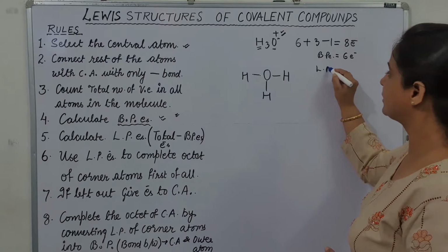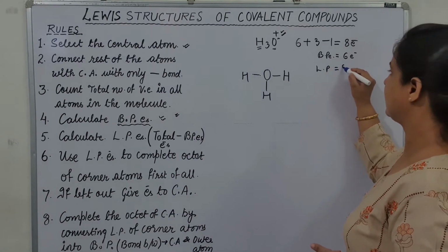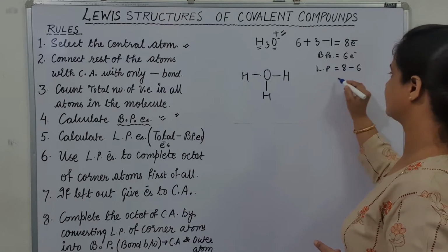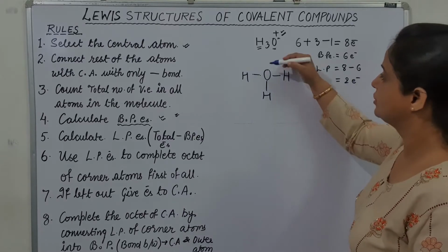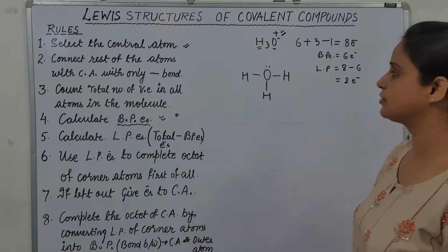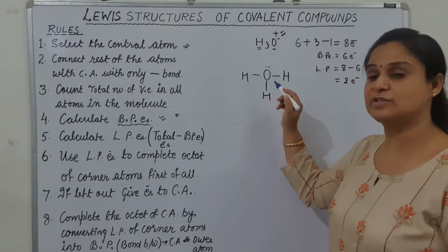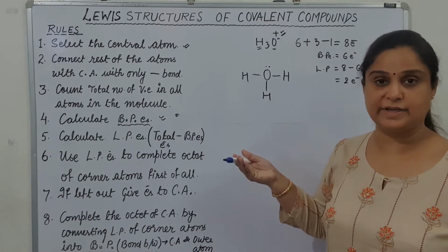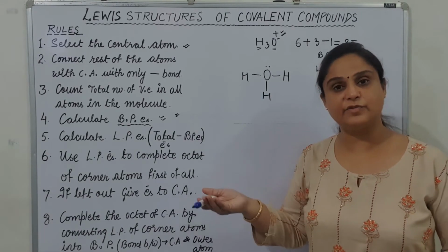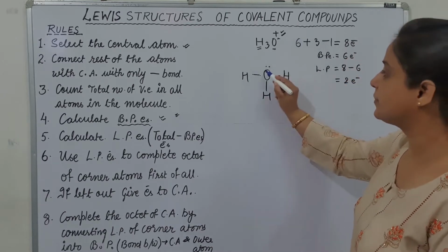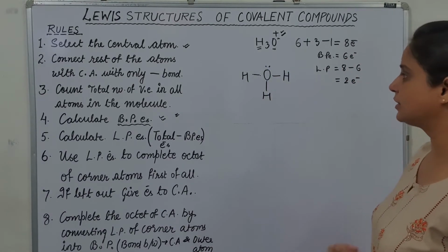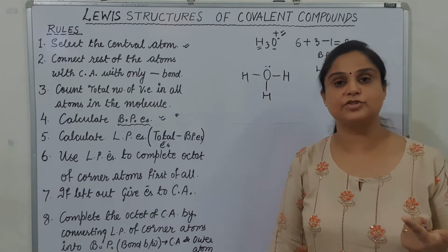Okay, so lone pair electrons will be 8 minus 6, that is 2 electrons. So I will have one lone pair of electrons here, because I cannot have this lone pair on the hydrogens, which are the surrounding atoms. Otherwise our priority would be the surrounding atoms. So I have kept one lone pair here. Okay, now what to do with the plus charge?